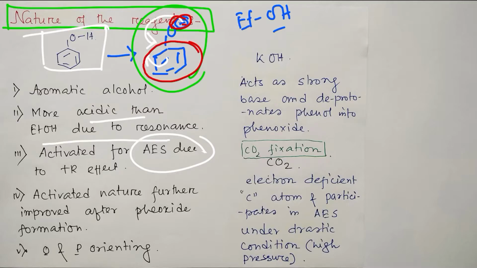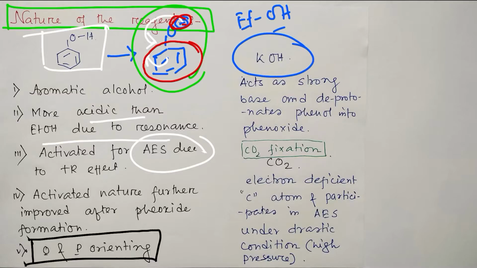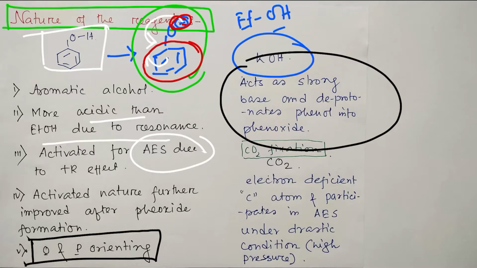So this activated nature of phenol is further activated because of deprotonation, activated meaning for aromatic electrophilic substitution. And both phenol and phenoxide are ortho-para orienting and activating. Since phenol is more acidic than alcohol, deprotonation can be achieved by the use of KOH as a base. KOH is strong enough for deprotonation of phenol to produce the phenoxide under this condition.